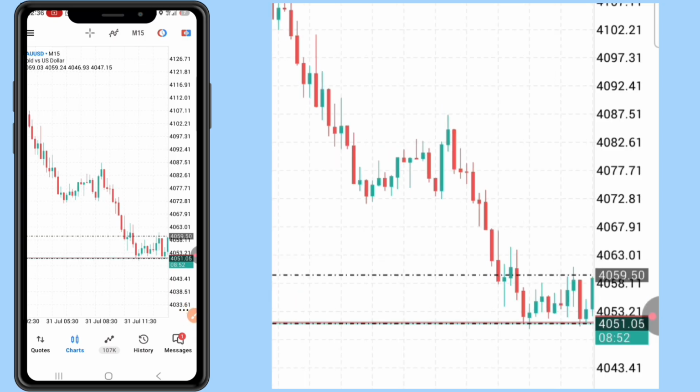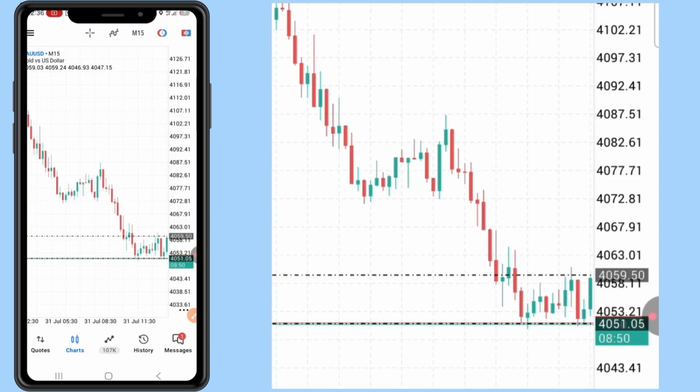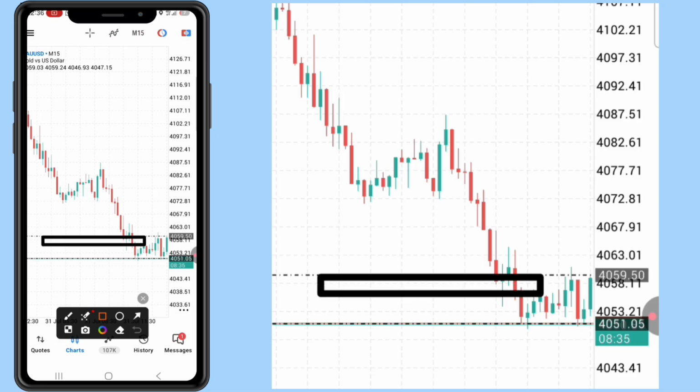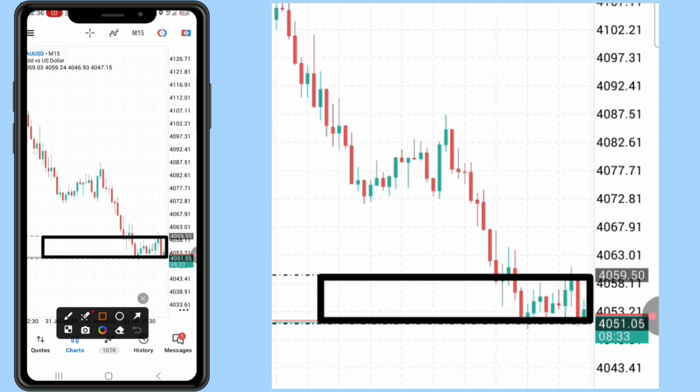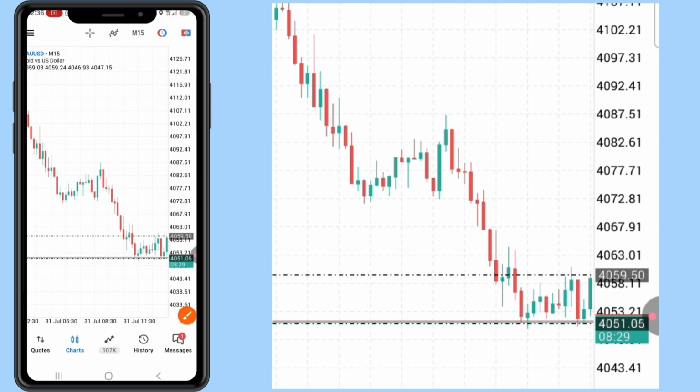When are we going to enter the market? Don't hurry to enter the market. So long as the market is trading within this section here, don't buy or sell.